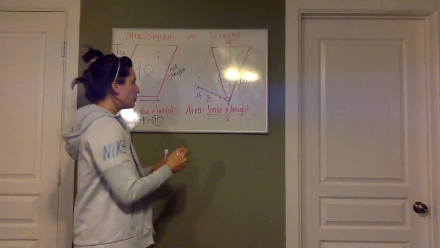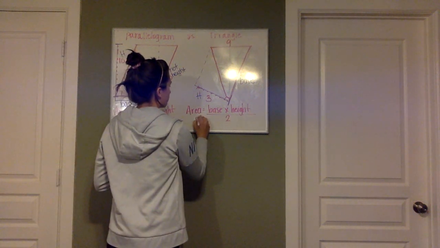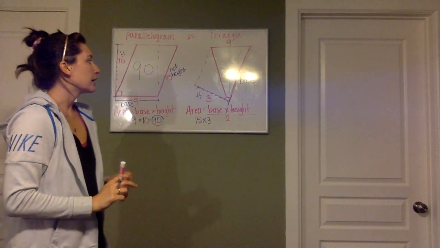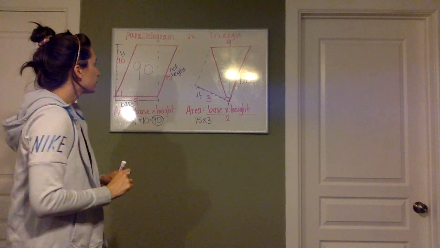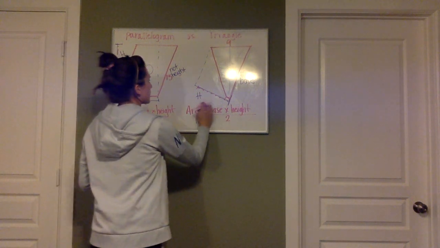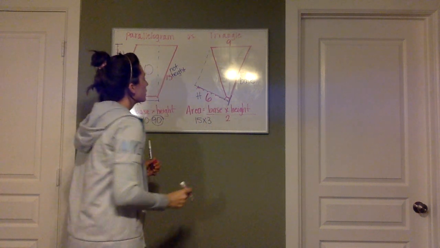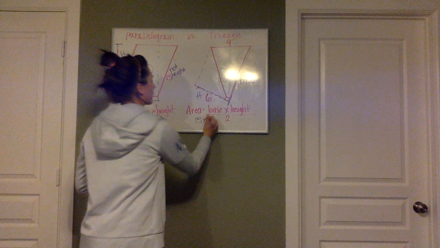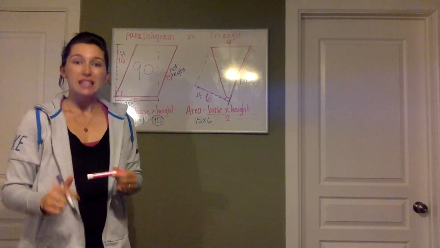So if I know base is 15 times, which is my height, I realize there's an error here. This should be 6. I apologize. That was my fault. 15 times 6.